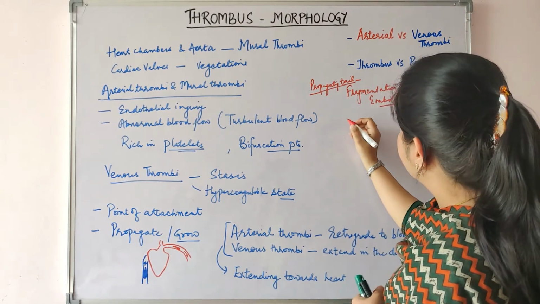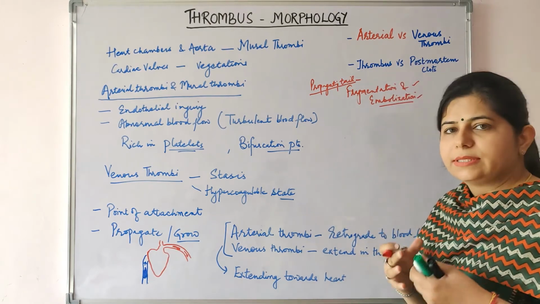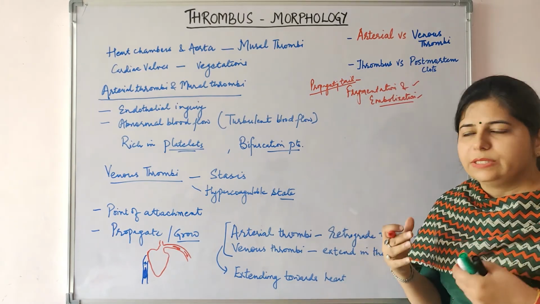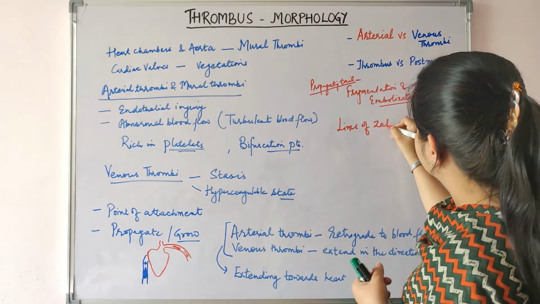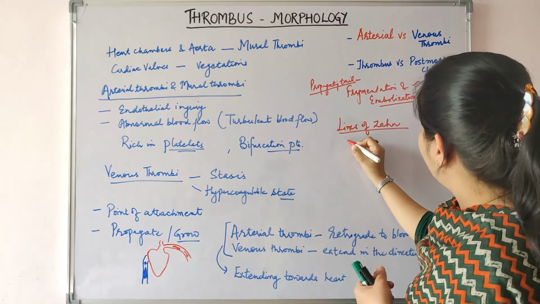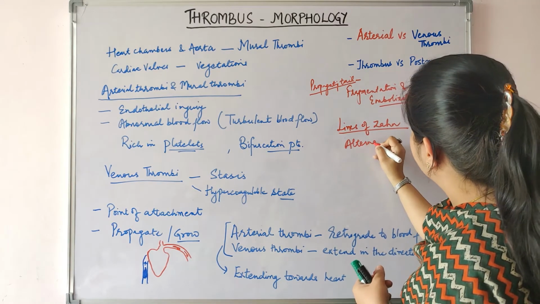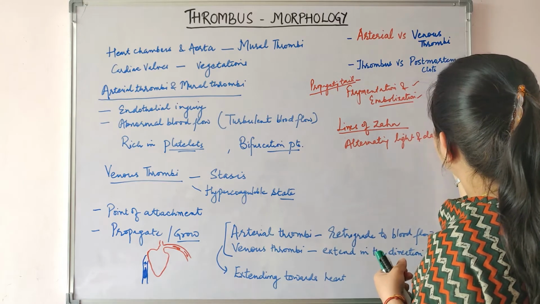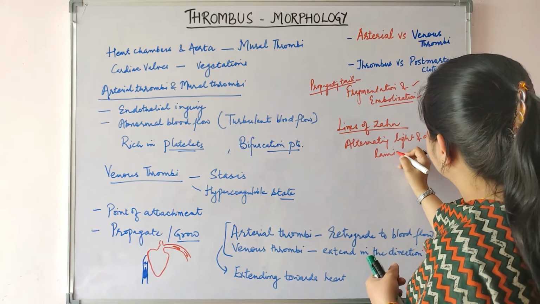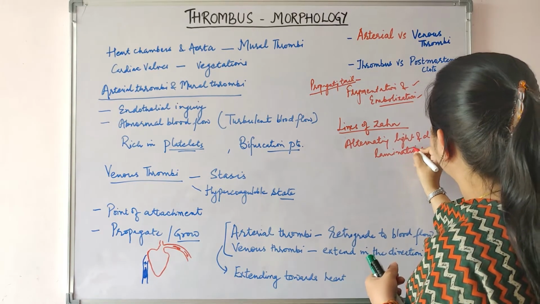Now in thrombus, there are grossly and microscopically visible lines of Zahn. These are alternating light and dark laminations or zones.